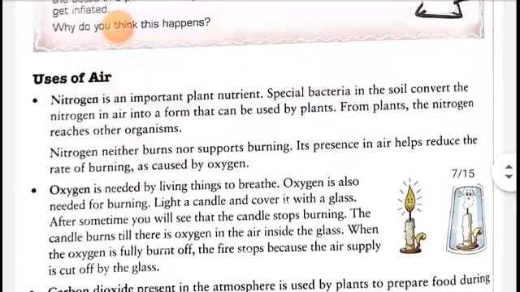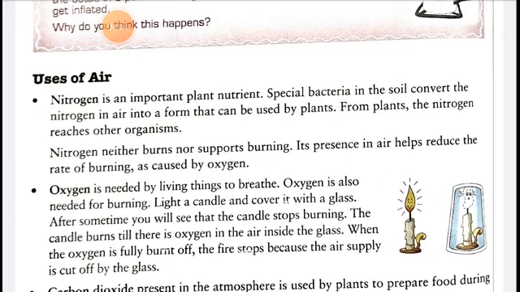So first is nitrogen. As you know, the maximum amount of gas present in air is nitrogen. Nitrogen is an important plant nutrient. Special bacteria in the soil convert the nitrogen in air into a form that can be used by plants. From plants, the nitrogen reaches other organisms.